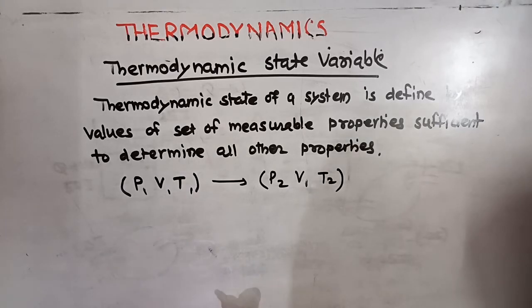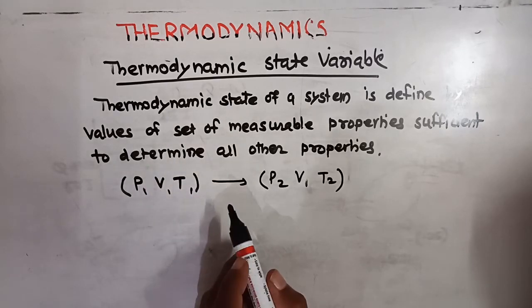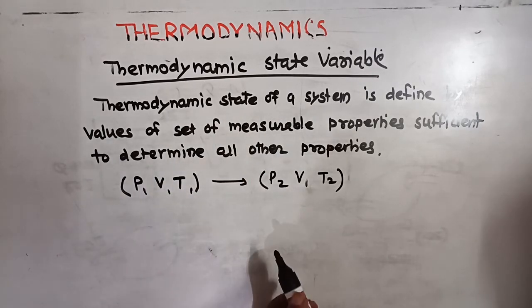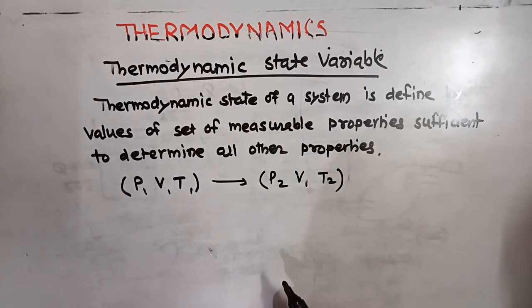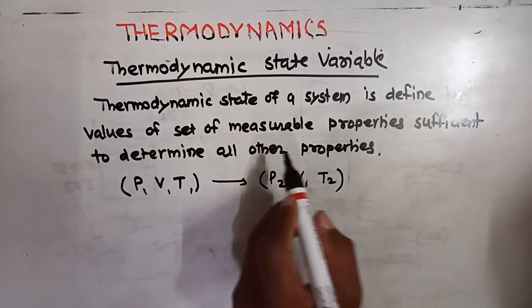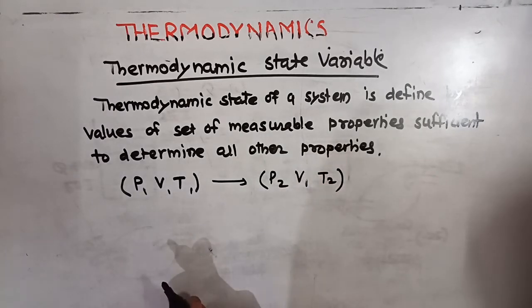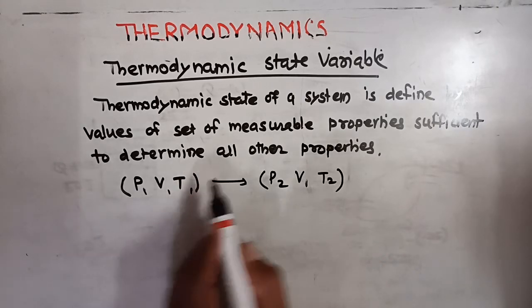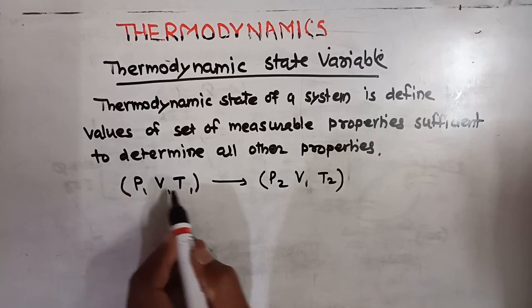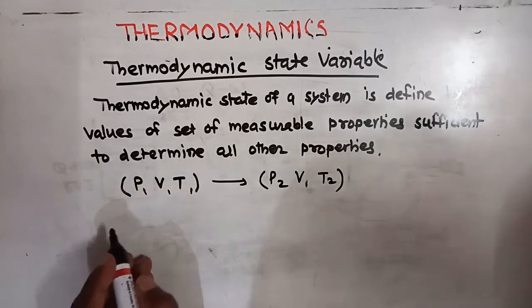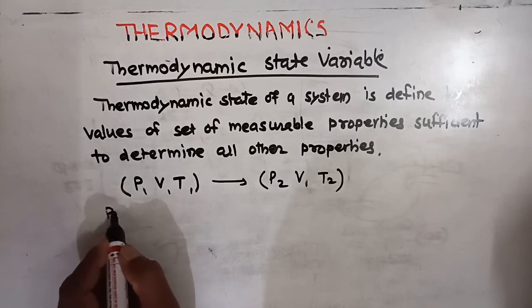Now, this thermodynamic state is defined by values of a set of measurable properties. What are these measurable properties? These measurable properties, this pressure, this volume, this temperature, are known as the properties of a system.